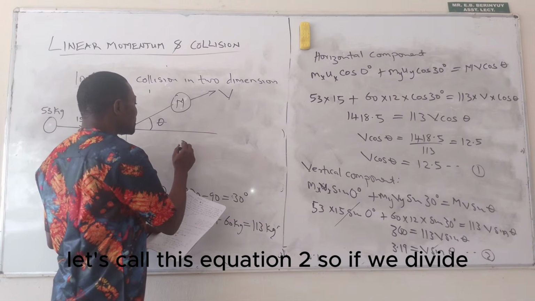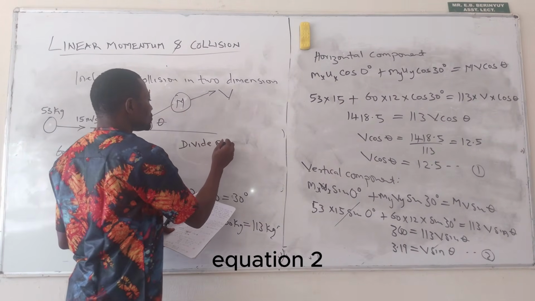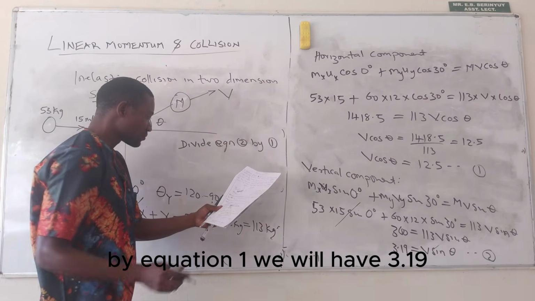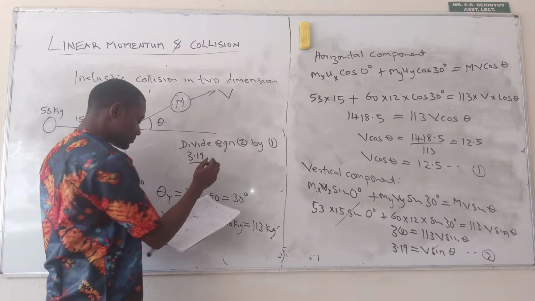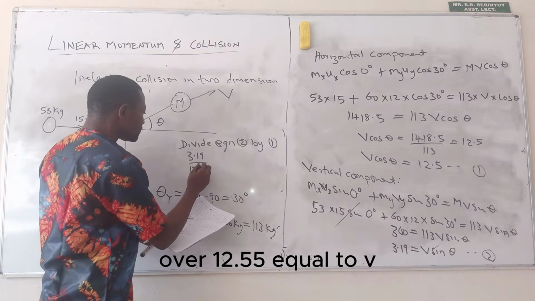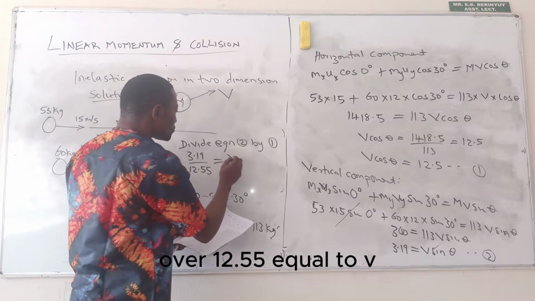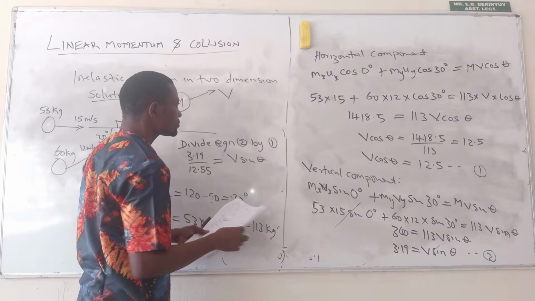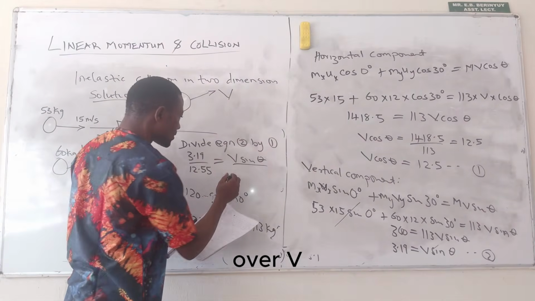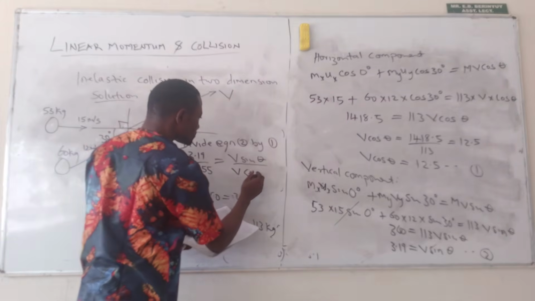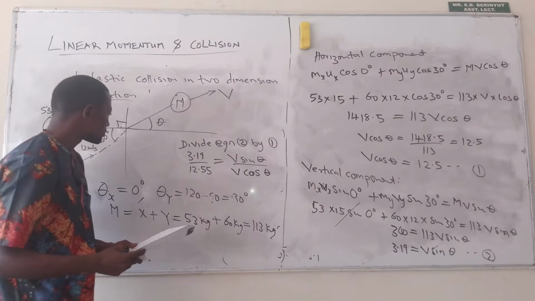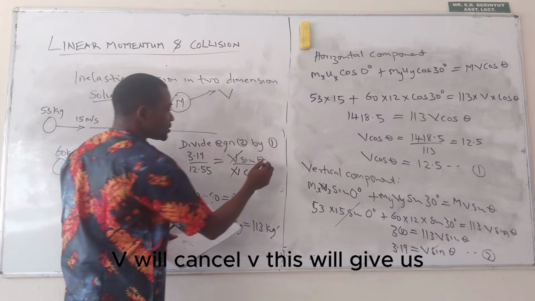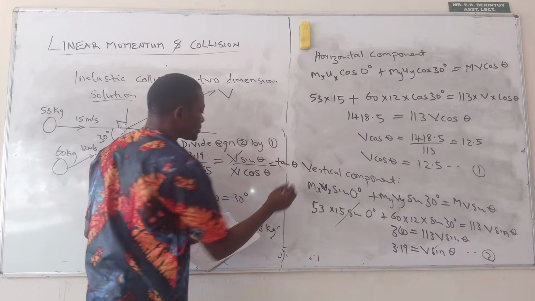So if we divide equation 2 by equation 1, we will have 3.19 over 12.55 equal to v sine theta over v cos theta. If we simplify this, v will cancel v. This will give us tan theta.